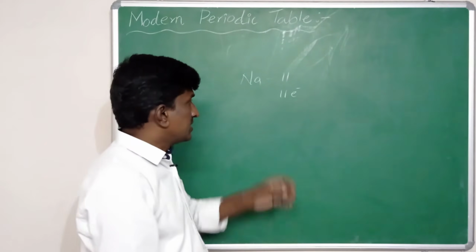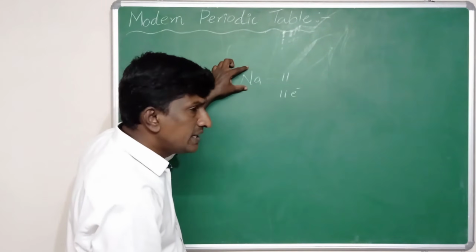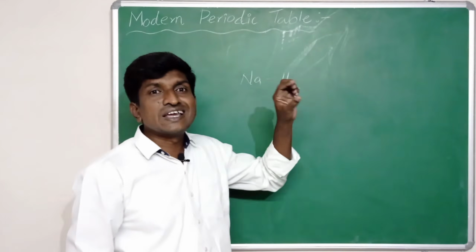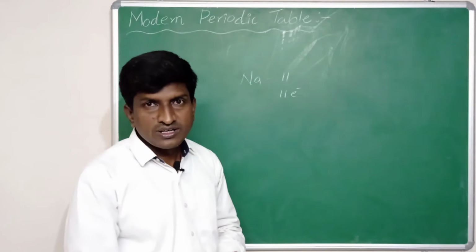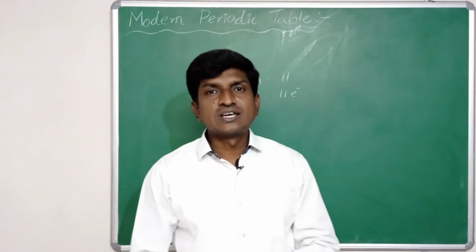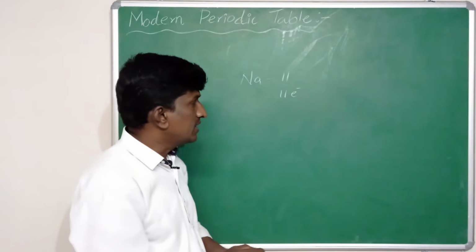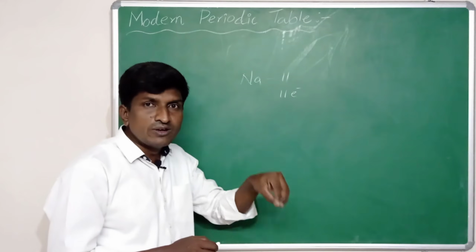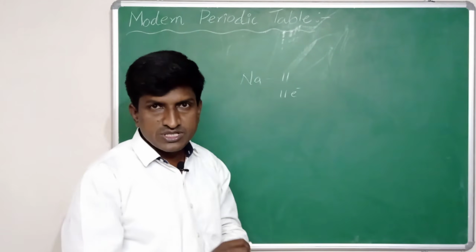Then the position of sodium is mainly decided by its electronic configuration, the arrangement of electrons in the subshells and orbitals, and how these electrons are filled in main shells and subshells.